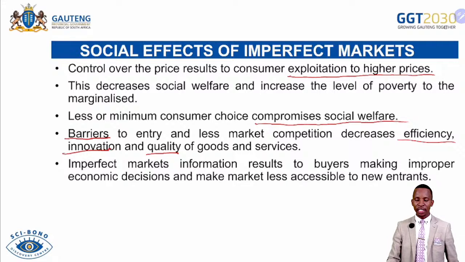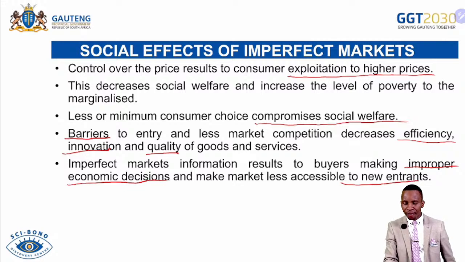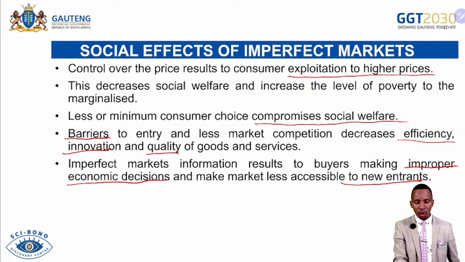Imperfect market information results in buyers making improper economic decisions, and it makes the market less accessible to new entrants. If the market is not accessible to new entrants, and at the same time we have imperfect market information, this information, remember, becomes a barrier to entry.